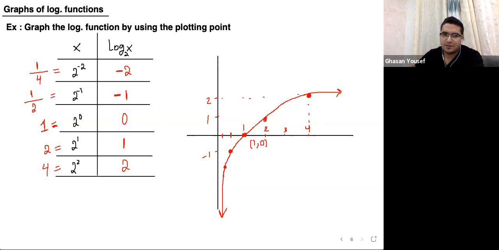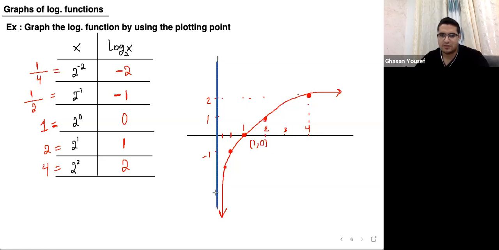My vertical asymptote is this line. The curve will be close to this line, but it will not touch this line at all.